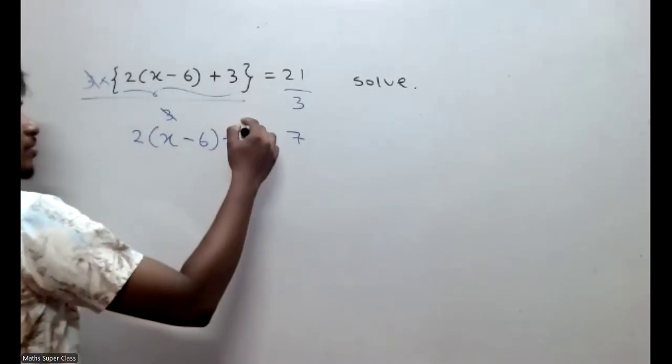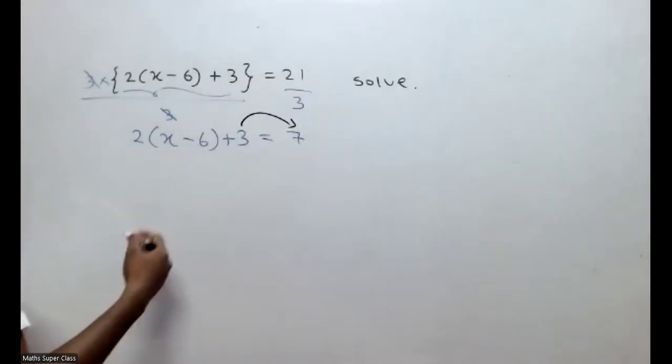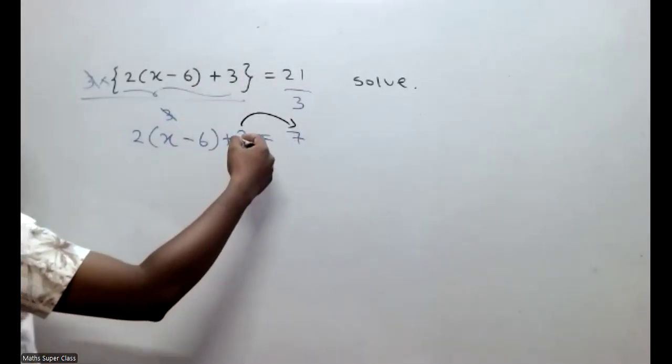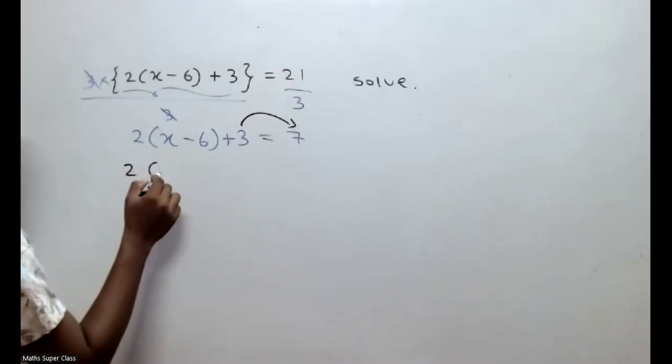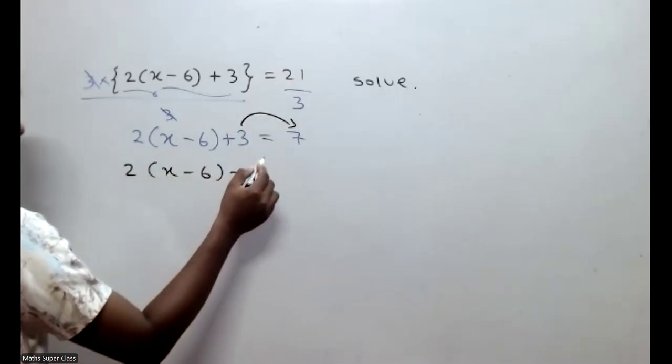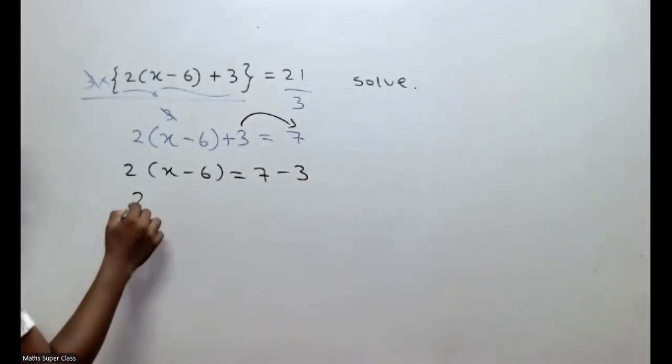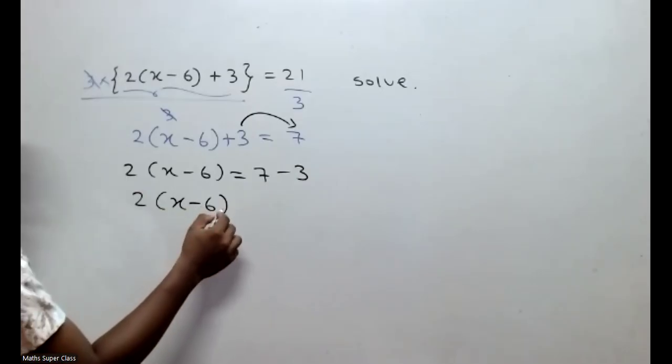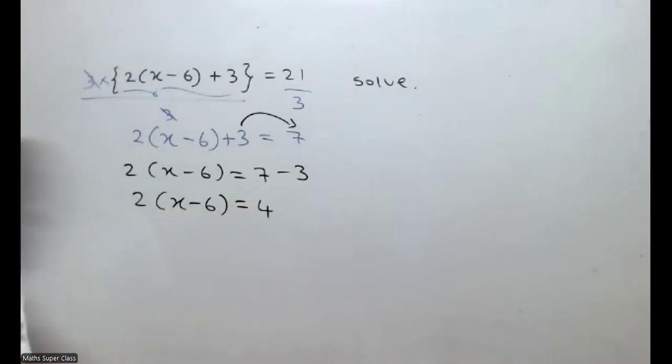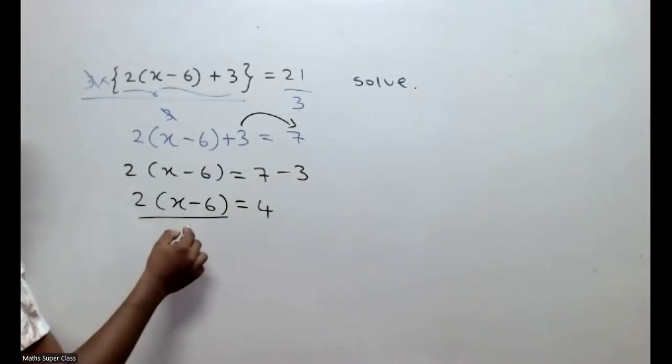Now, you can move this 3 to the other part. You can take this 3 from this side to the other side. 2x minus 6 equals 7 minus 3. Now what to do?